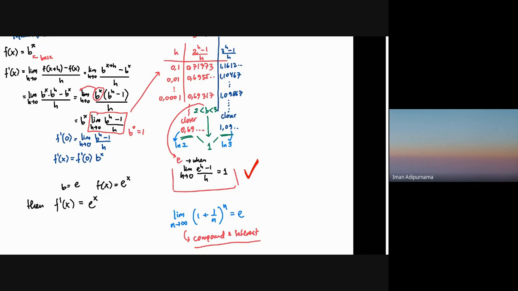There's another way to look at it: from here you can also get e, and they put some value for n, and when they compute it, it's also e.